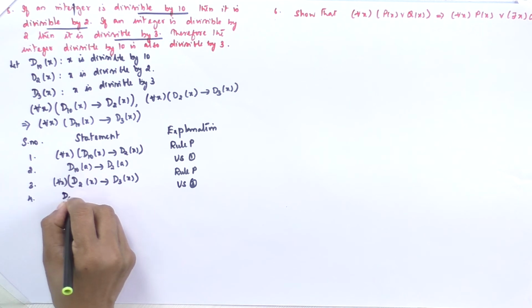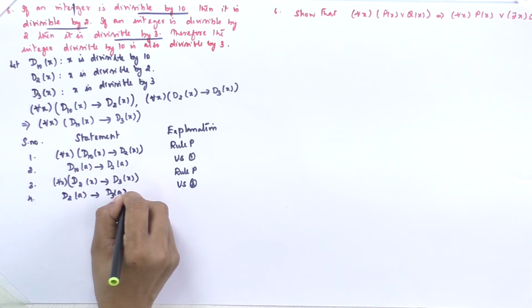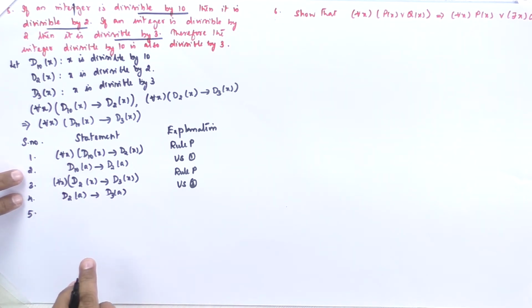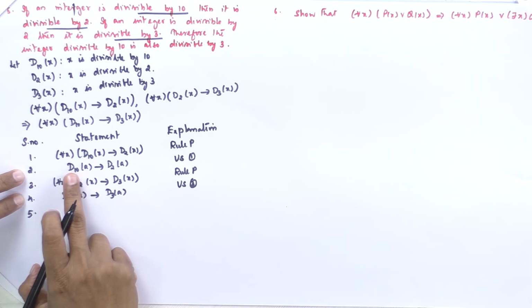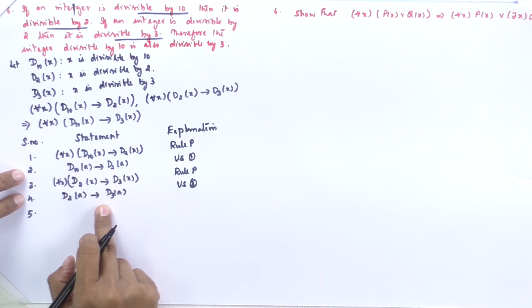So, it will be D2 of A conditional D3 of A. See here, for these two statements, that is the second and fourth statement, we have D10 of A conditional D2 of A and D2 of A conditional D3 of A.